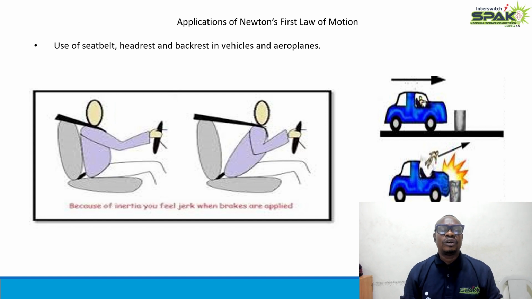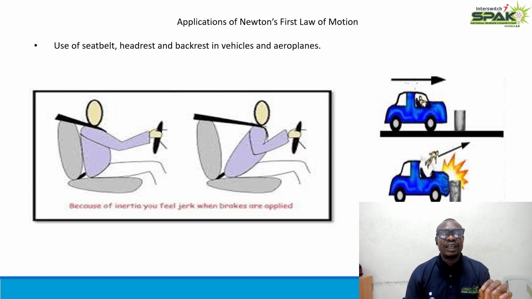What is momentum? Momentum of a body is defined as the product of the mass of the body and the velocity of that same body. So momentum mathematically is the mass of that body times the velocity of that body.